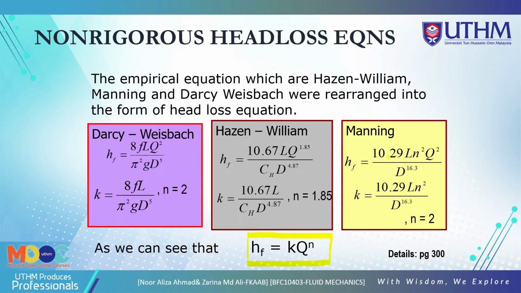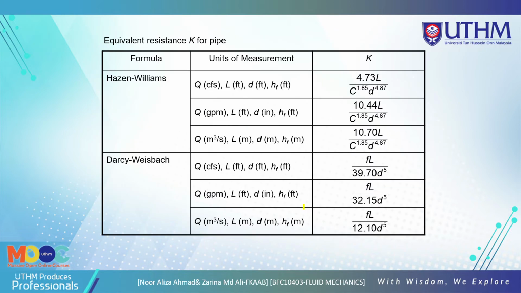Manning is used to get the n, actually. Now for the unit of measurement, you just use SI units. For Hazen-Williams, we use K as this here. For Darcy-Weisbach, K is from this one, the same fL here.